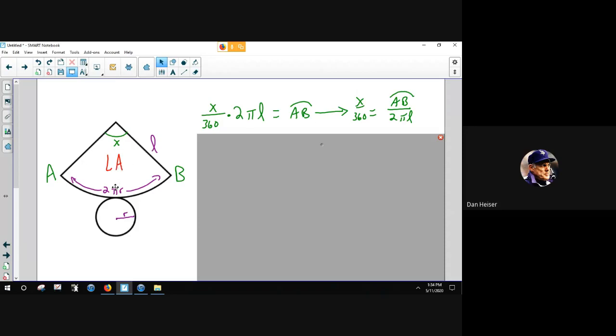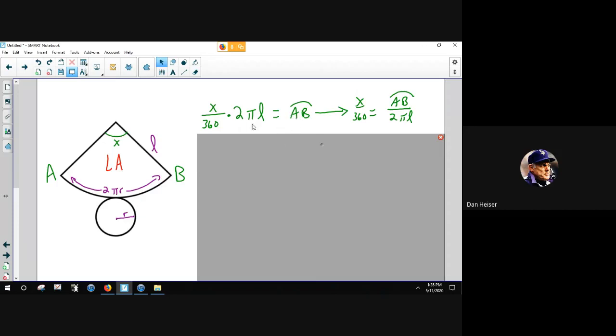So, we know that to find this arc, it's whatever that angle is, divided by 360 times the circumference of this larger circle. We're ignoring the 2 pi r for a moment. We're just going to pretend that this circle is not here for the time being. You just focus on this arc as a fraction of this larger circle. So we know the arc length is the fraction of the circle times that circle's circumference. That's equal to the distance from A to B.